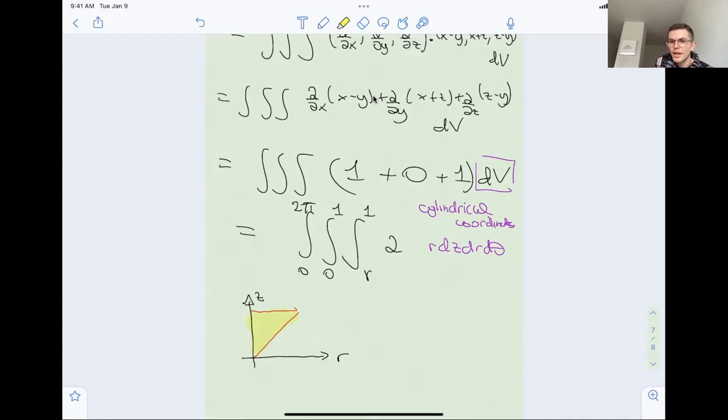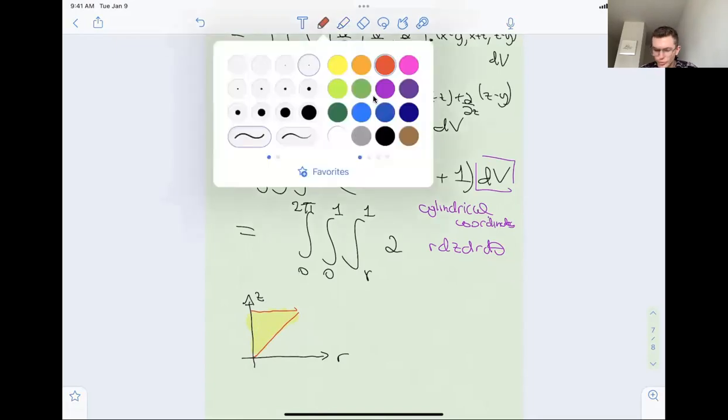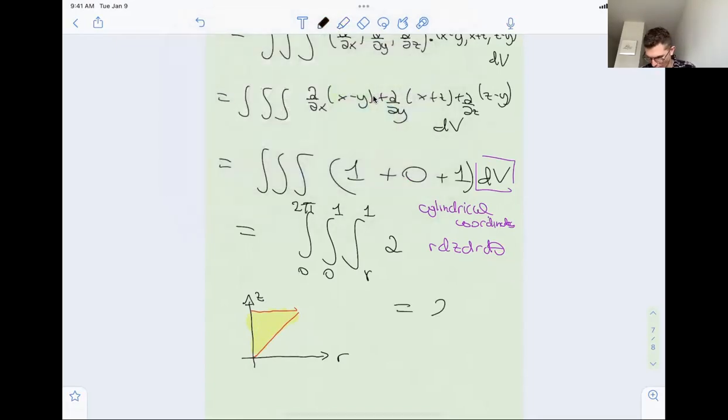And so that's how you set it up. This is not too bad, right? This gives you 2 pi over 3. Is that okay?